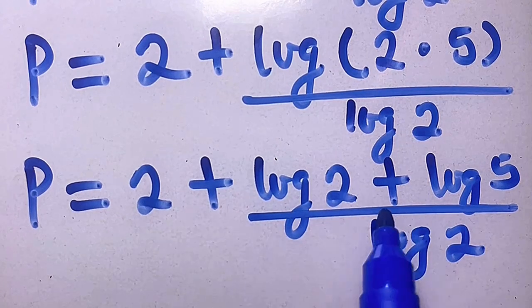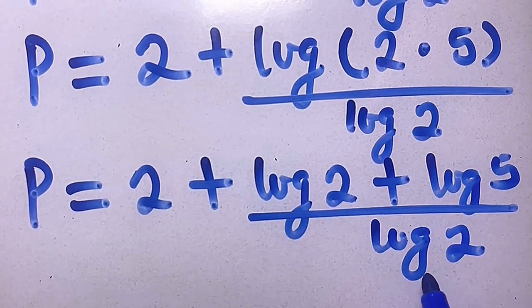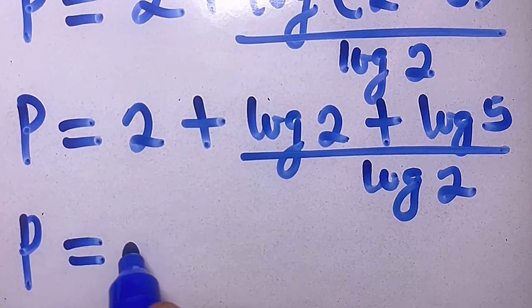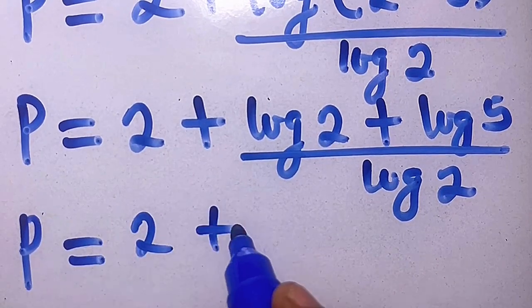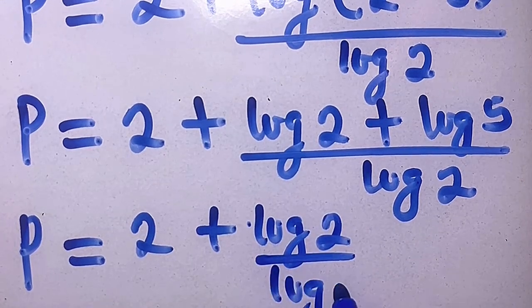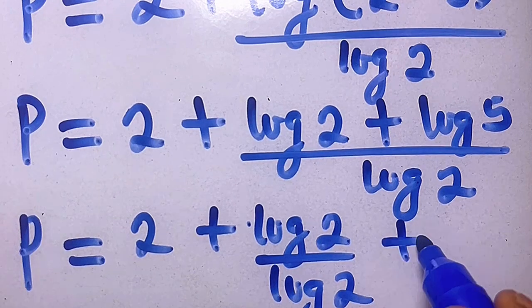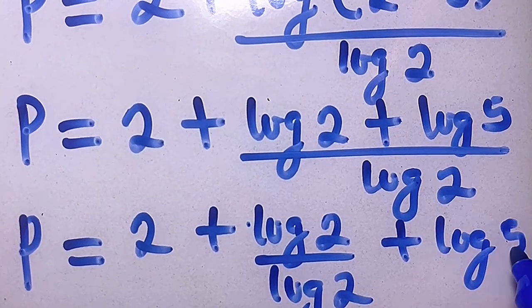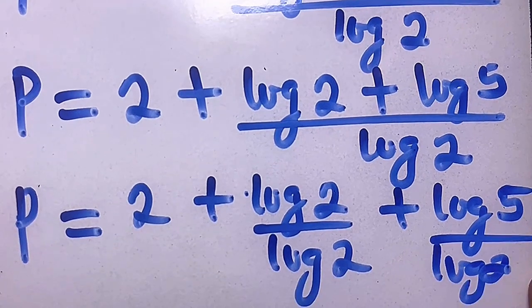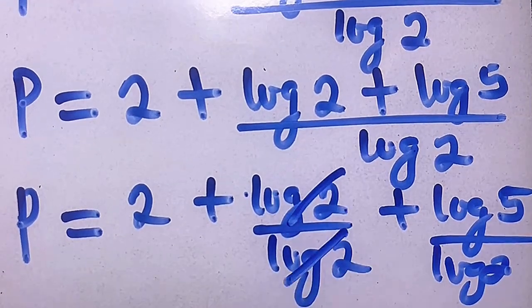So let's divide each of log 2 and log 5 by log 2. So we'll have p equals 2 plus log 2 divided by log 2 plus log 5 divided by log 2.